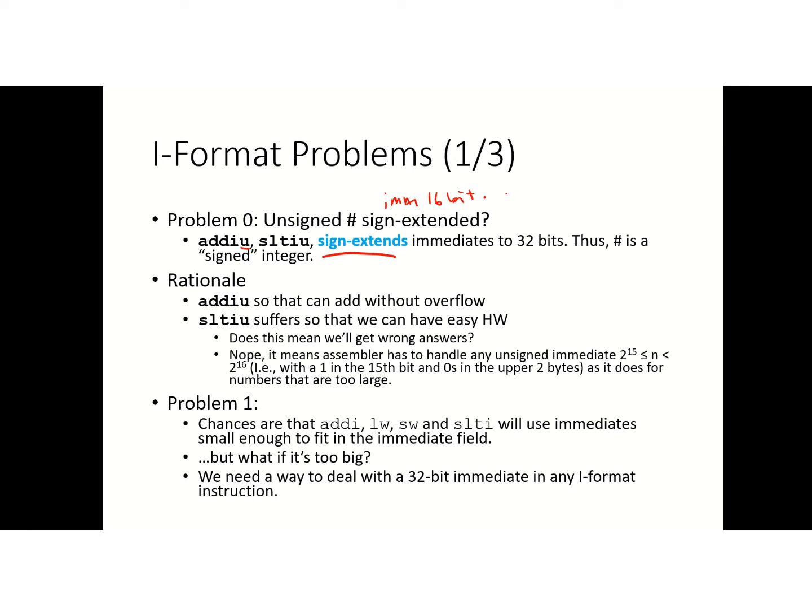So they automatically sign extend the immediate to 32 bits. That's why we say the unsigned command uses a sign-extended integer. The rationale is that ADDIU, add immediate unsigned, can be used to add without overflow.